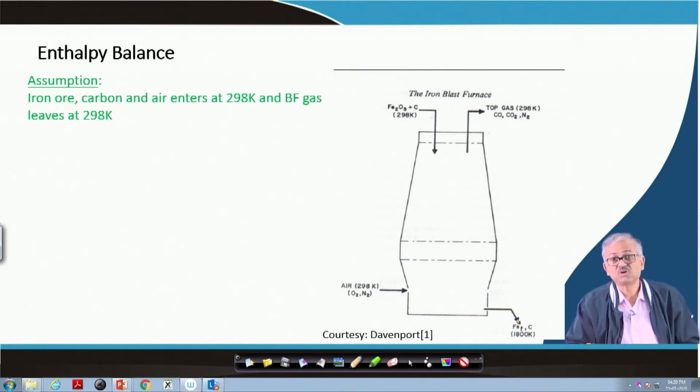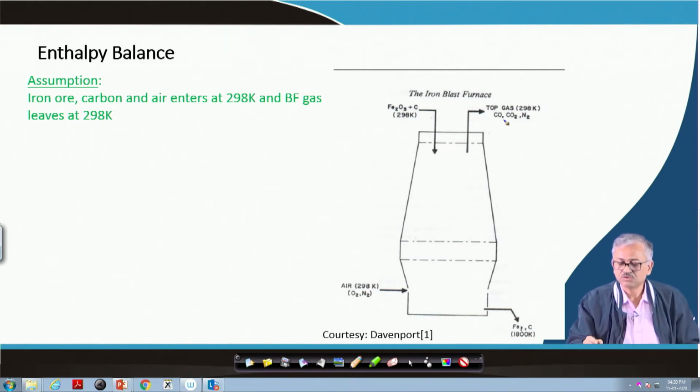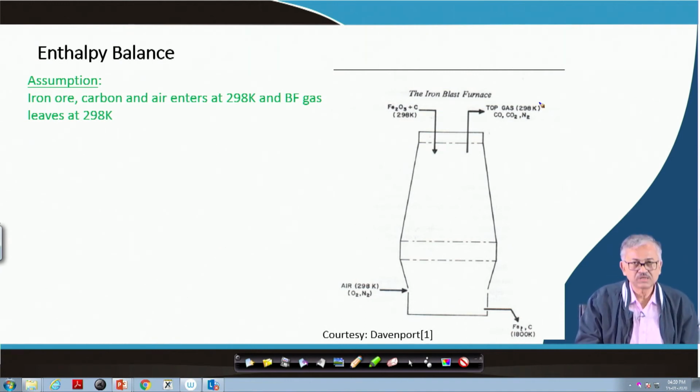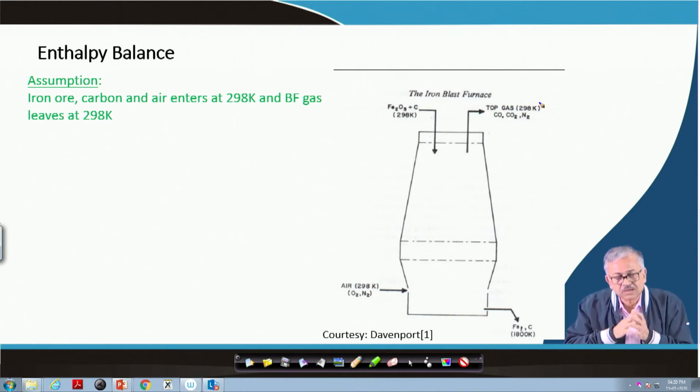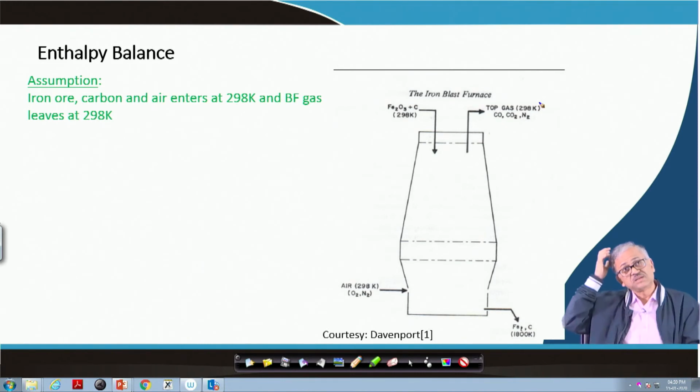Your hot metal is leaving at 1800 Kelvin, and your top gas, CO, CO2 and nitrogen, is leaving at 298. So, everything is at 298: ore, coke and flux enter at 298, the air blast enters at 298, and the gas leaves at 298. Only the iron, the hot metal, comes out at 1800 Kelvin. That is what we are considering.